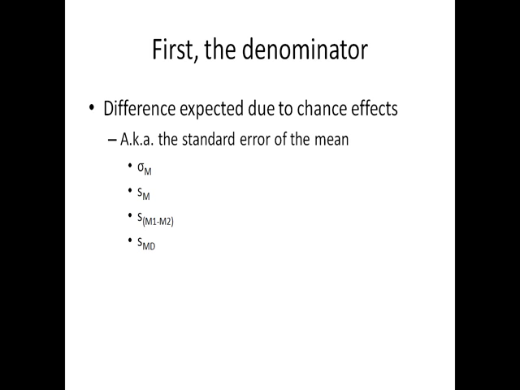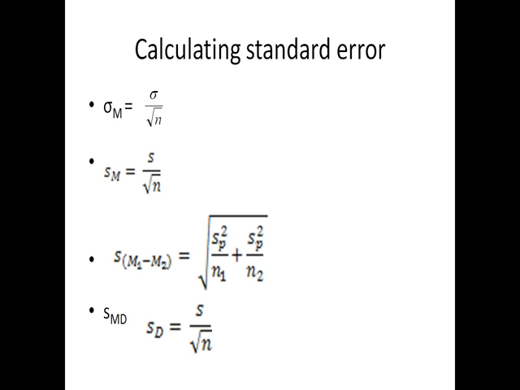For the related groups t-test, our estimated standard error of the mean is based on the difference scores that we find. So it's not based on the scores from time 1 or the scores from time 2, for example. It's based on the difference scores, so the difference between time 1 and time 2. We calculate standard error in these 4 different ways.